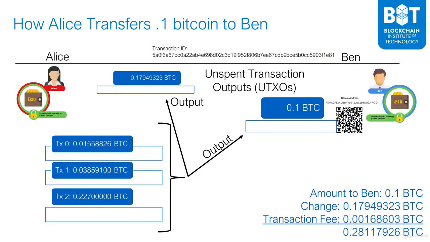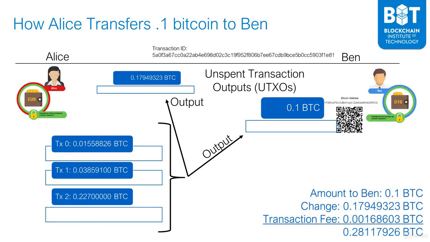And the wallets, both Ben's wallet and Alice's, will actually be keeping these as potential outputs that they can use in future transactions. What this means is that Ben now has an unspent transaction output for 0.1 Bitcoins that he can use in a future transaction, and Alice, since she received the change, also has an unspent transaction output for 0.179493323 Bitcoins, which she can use in a future transaction.